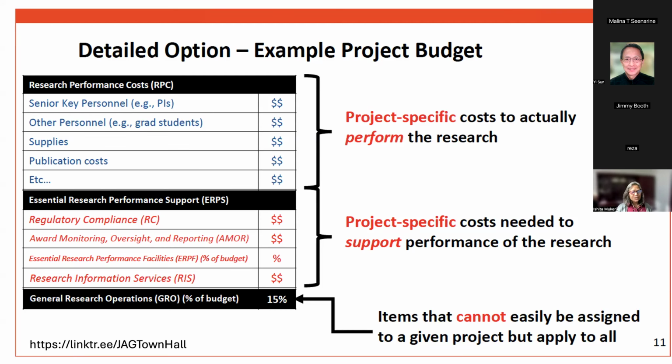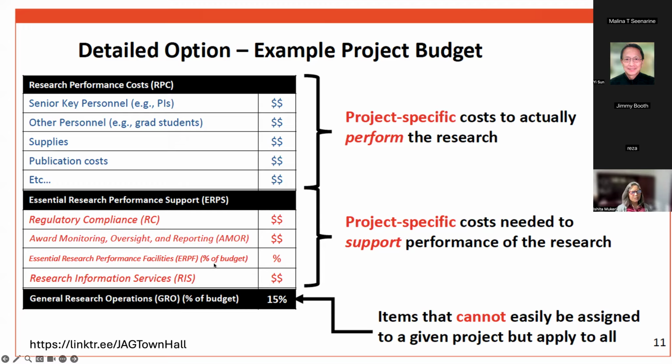There are essential research performance facilities, which one can think of as a percent of the budget. And again, that might be the library. Well, actually, sorry, the next line, research information services would be like the library, what we use for the internet.